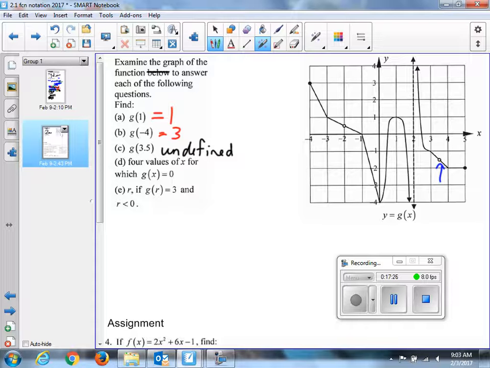Now, find 4 values of x where the function gives me 0. Well, y equals 0 is this x-axis line, right? So, I go with negative 1, left to right.